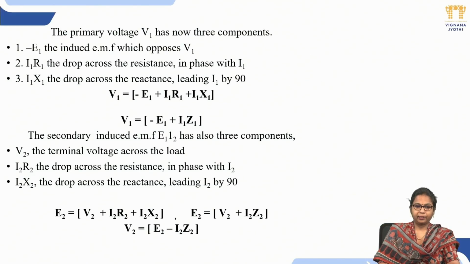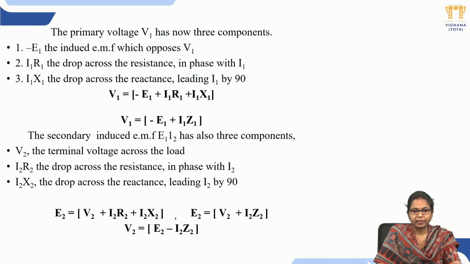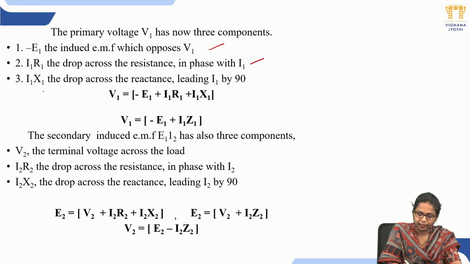Before we start drawing the phasor diagrams, we know that E1 always opposes V1, and the I1 R1 drop across the resistance will be in phase with I1, and the I1 X1 drop across the reactance leads I1 by 90 degrees.